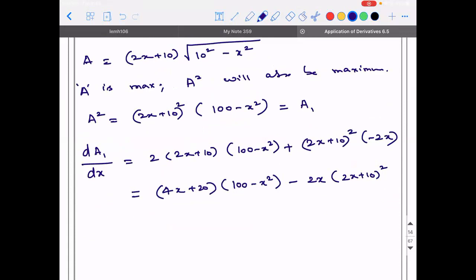Right, solve this and tell me what is the value of x you are getting. Guys, what's the value?